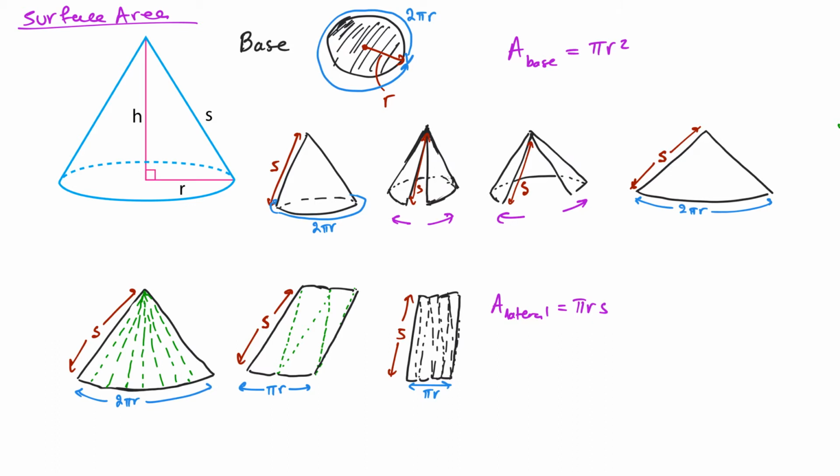And to get the area of a whole cone, what I have to do is take the area of the base, which is pi r squared, and add it to the area of this section over here, which is the lateral section.